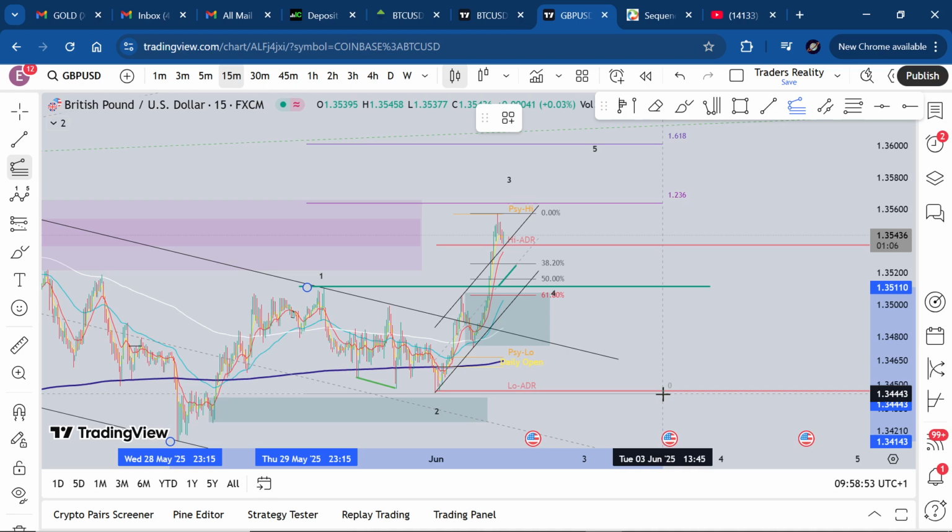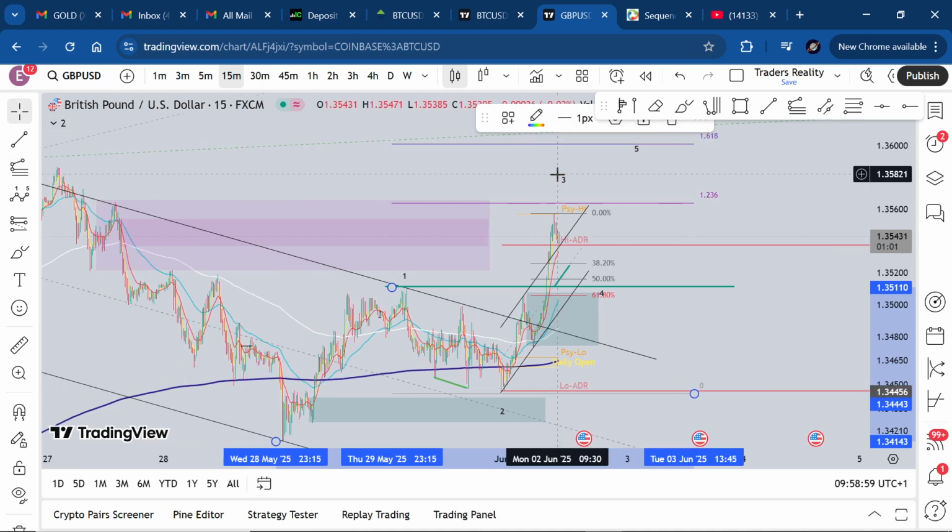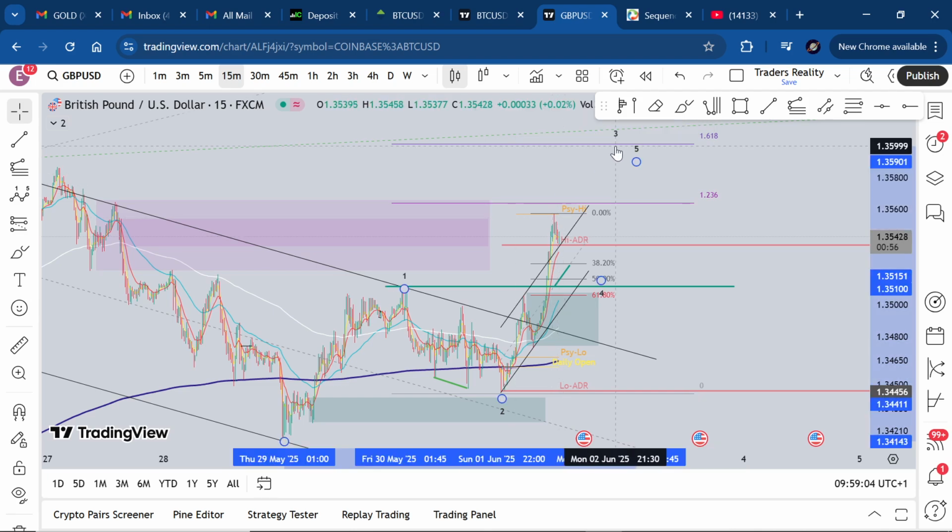Okay, so we're looking at the 1.618 over here for this third wave to end in this type of an area.